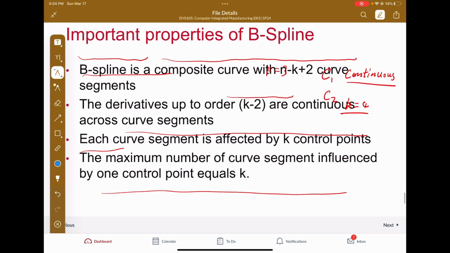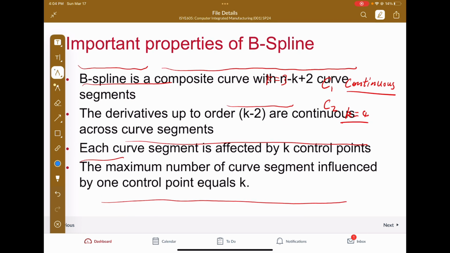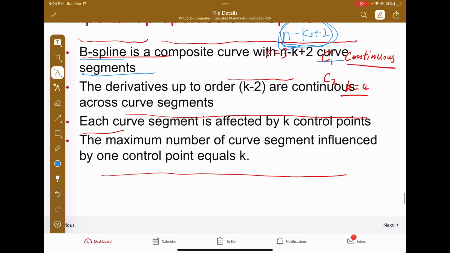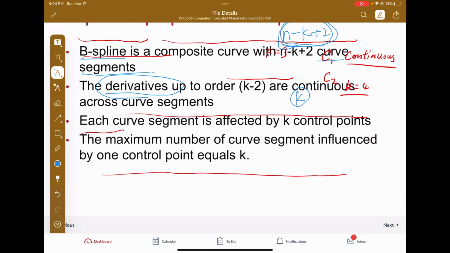And the next thing I need to explain is the important properties of a B-spline. For non-periodic B-spline, the number of curve segments is n minus k plus 2. And for derivatives, for order k, we will have k minus 2 continuity across curve segments.